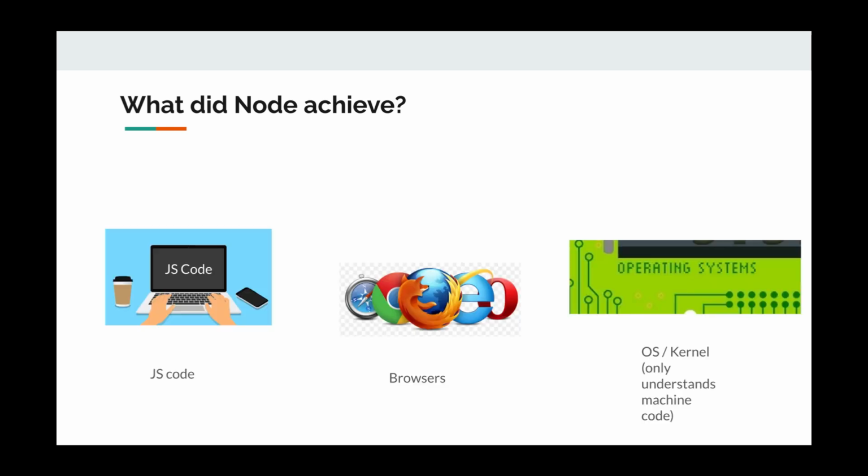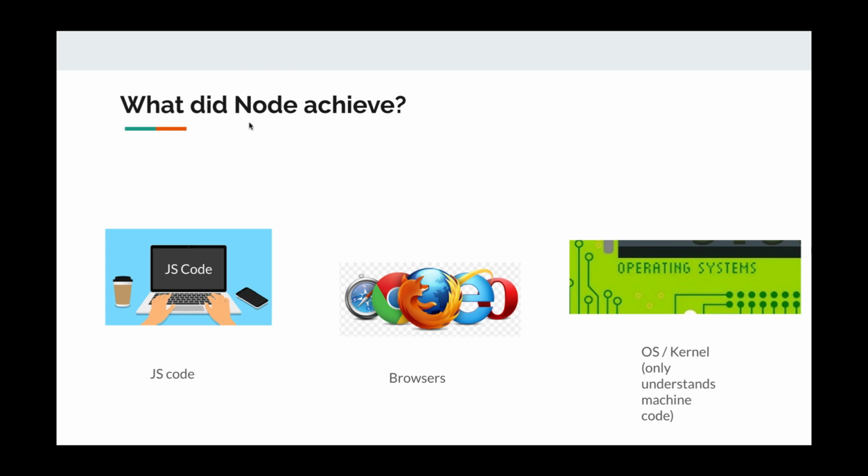Traditionally, we know JavaScript has been primarily used in browsers and front-end code, right? To break this and to use JavaScript everywhere outside of front-end and outside of the browser, Node opened those gates. Browsers had their own runtimes and JavaScript engines to run JavaScript code.